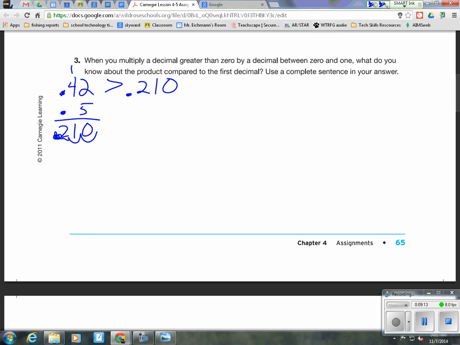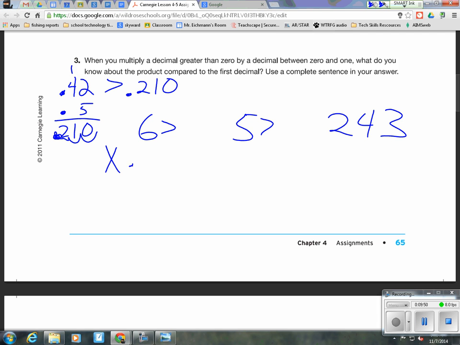So basically, the point that I'm trying to make is any time that you multiply something, whether it be 6 or 5 or 243, by something that's less than 1 and more than 0, your answer is always going to be smaller than this.